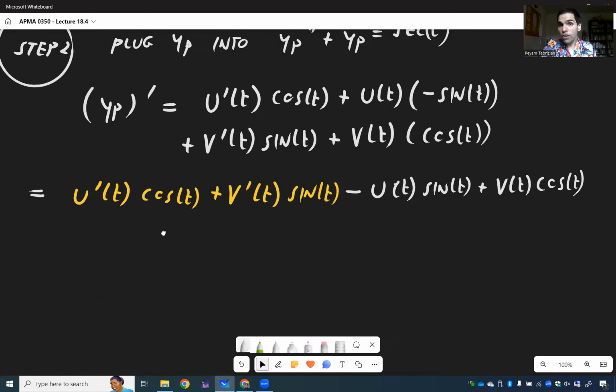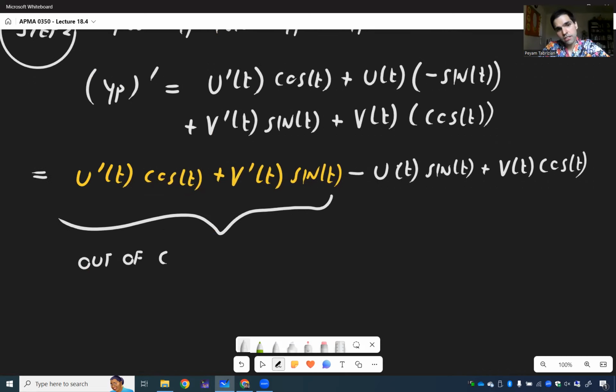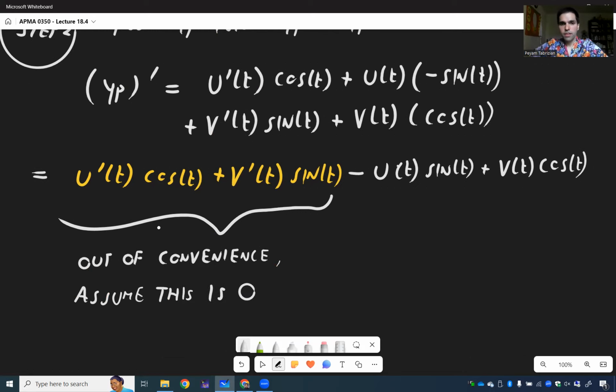So just out of convenience, assume this term is zero. Once again, and this is the part that confuses students the most, it doesn't have to be 0.